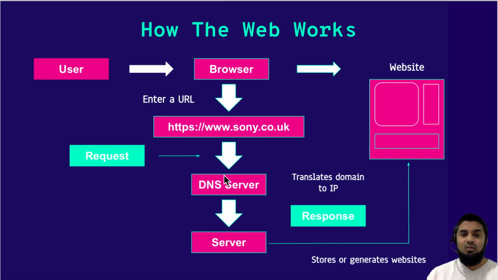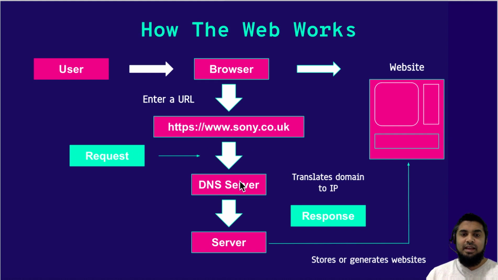Now, what do they do? Well, they take this full domain name here, which is in human readable form, and you know that human readable form in computer language means letters. So it takes this domain here and matches it with an IP address. Why does it do that?